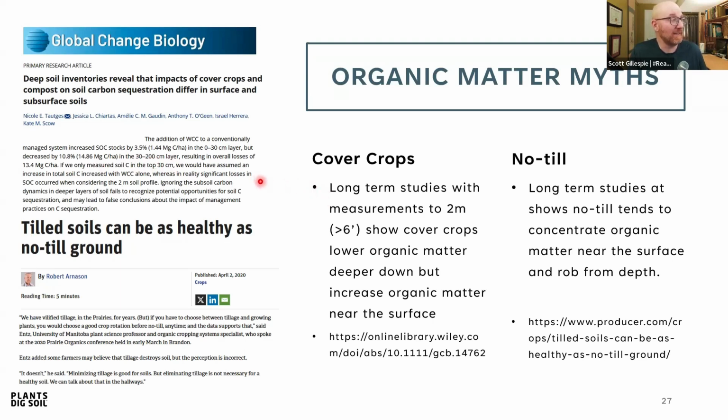They said if we were just looking at the surface, we'd be thinking that the cover crops had added more organic matter total, but it actually seems to be just concentrating it. The soils seem to get to a certain point where they want to be, and the cover crops help to keep the organic matter closer to the surface.